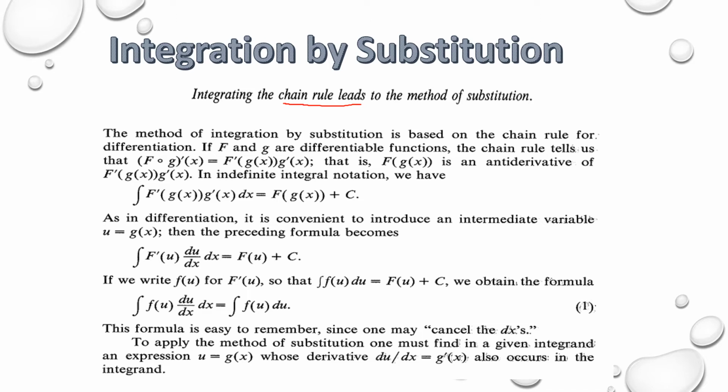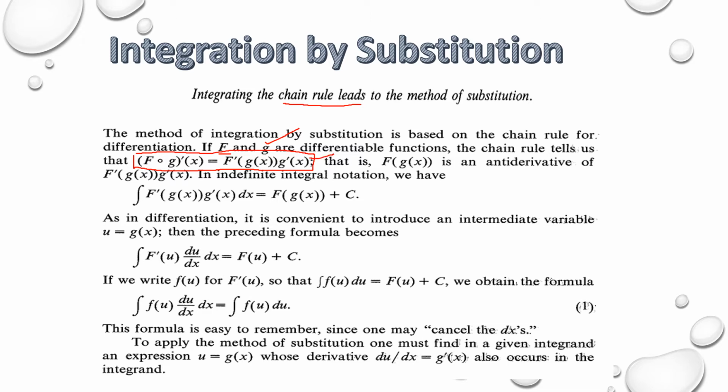If capital F and small g are differentiable functions, then the chain rule tells us that the derivative of F of g at x is equal to the derivative of F at g(x) times g dash x.